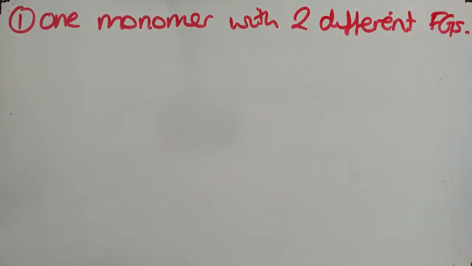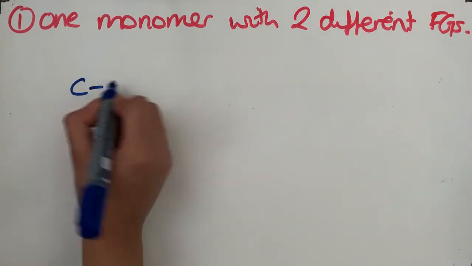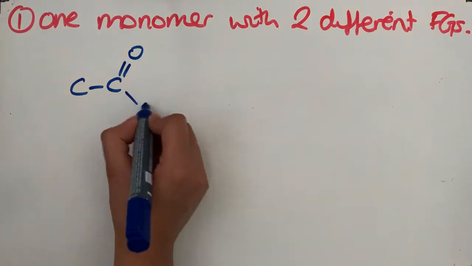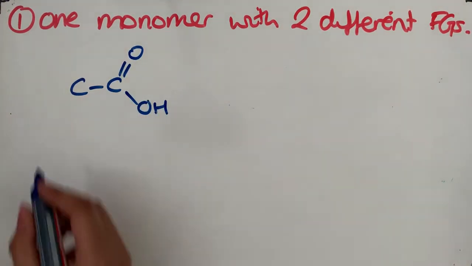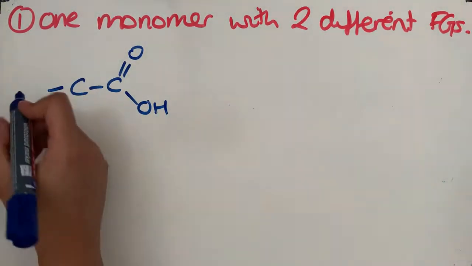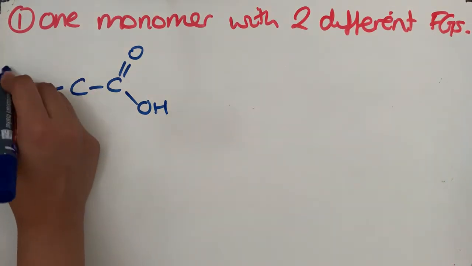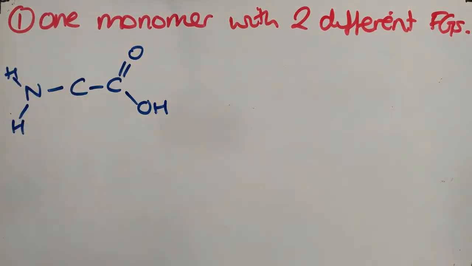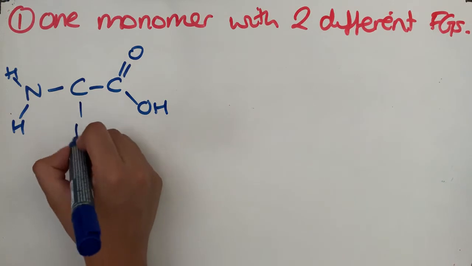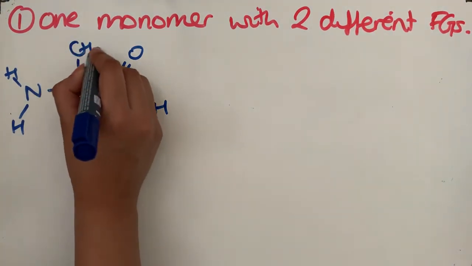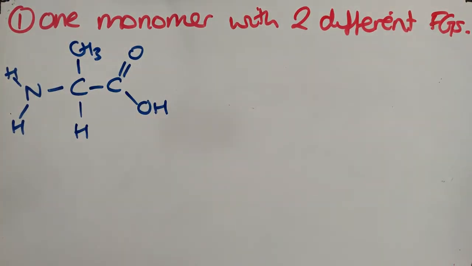Okay, because you are making an amide linkage, and you're making an amide bond, you need to have a carboxylic acid on one end, and you need to have an amine on the other end, because the amide forms between an amine and a carboxylic acid.